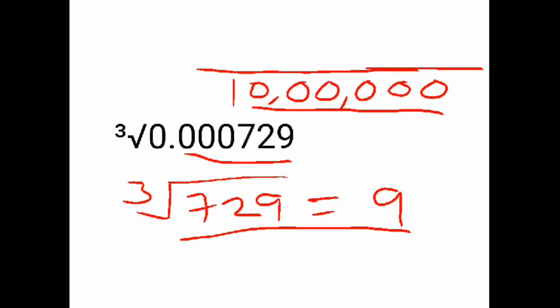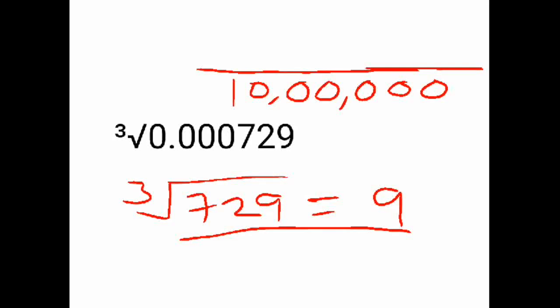Denominator you have to take 10 lakh, because this is 1 upon 10 place, this is 1 upon 100 place, this is 1 upon 1000 place, this is 1 upon 10,000 place, this is 1 upon lakh place, and this is 1 upon 10 lakh place. So that's why you have to take denominator 10 lakh.